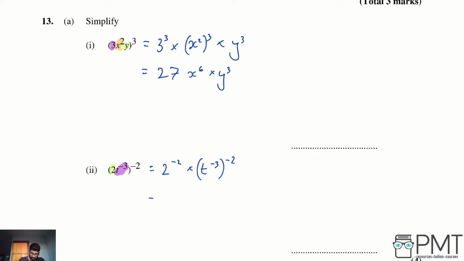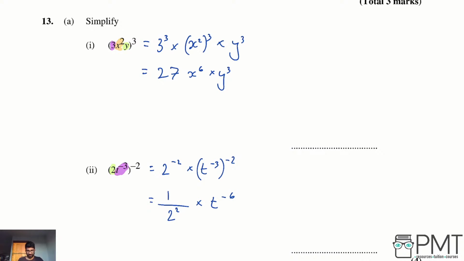What can I write about this? What's 2 to the minus 2? The minus rules are still the same. So to get rid of the minus, we flip it, or we do 1 over in this case, because in the denominator, this is the same as having a 1. So this is 1 over 2 squared times t to the minus 6.